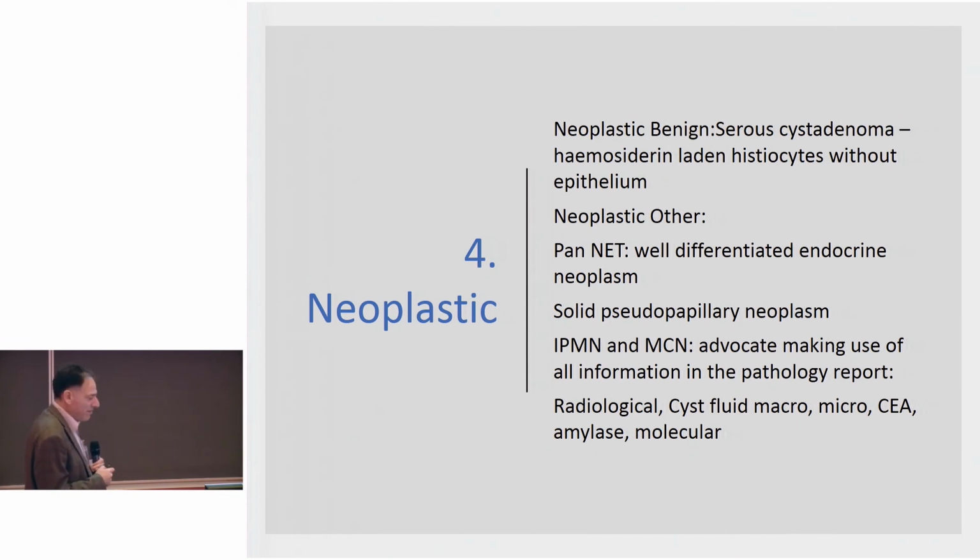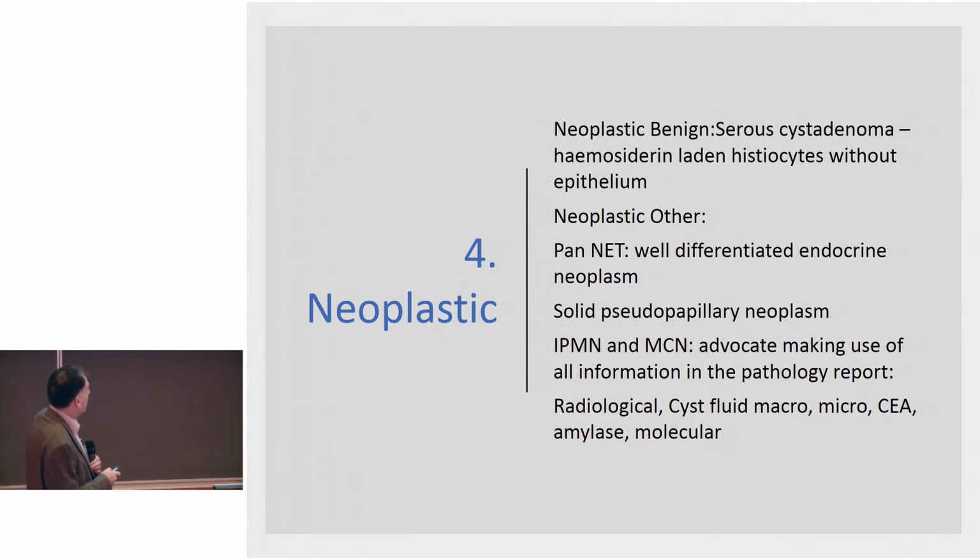Neuroendocrine tumors are usually fairly easy to diagnose, and for your IPMNs and MCNs, as you said before, one advocates using all the diagnostic information that you have before producing a report. So what does the cyst fluid macro look like? Was it stringy, tenacious mucin?